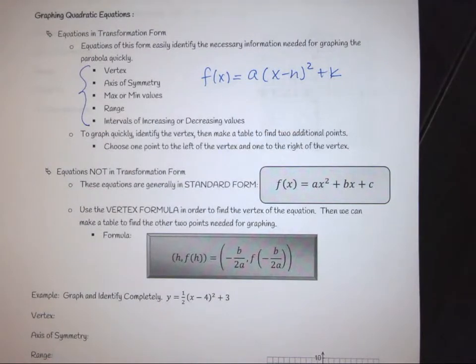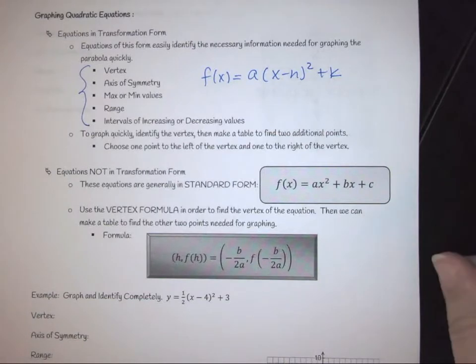Now the other thing that Hawks is going to ask you to do is find two additional coordinate points beyond the vertex and the origin in order to graph your parabolas. So to do that, simply create an xy table where you choose your x values and you solve for y values, just like you would for any other graph.